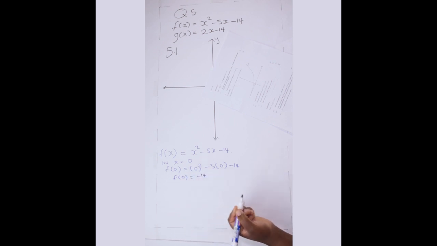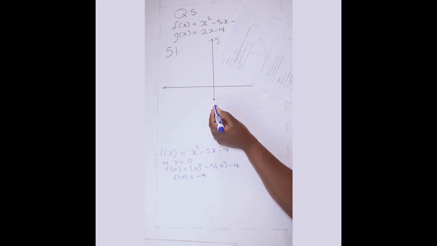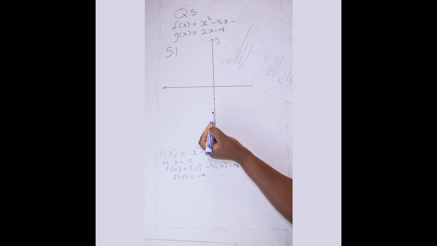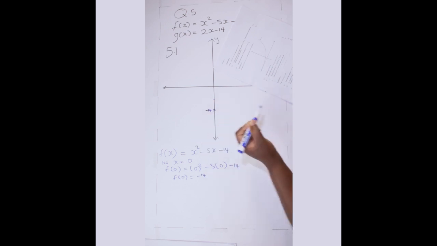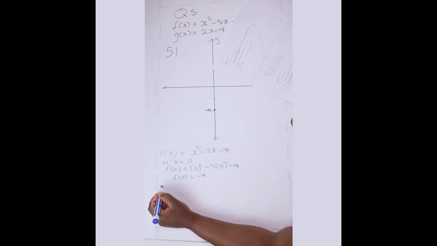In other words, in a Cartesian plane, you will find where minus 14 is. So say this is minus 7 and make this one minus 14. To find the x-intercept, we let y equal 0.